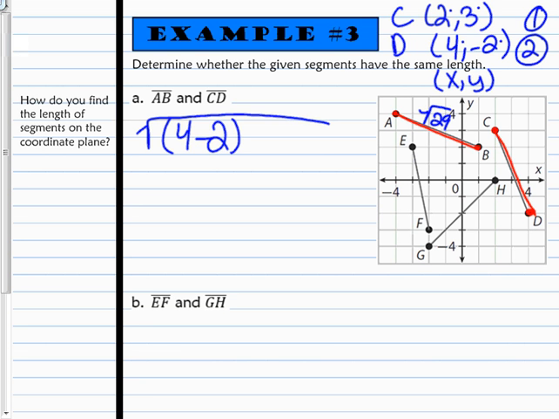So this is my x2, my x1, my y2, and my y1. Okay, that's where I'm getting those from. So back to the formula, 4 minus 2 squared plus y2, which is -2, minus y1, which is 3.